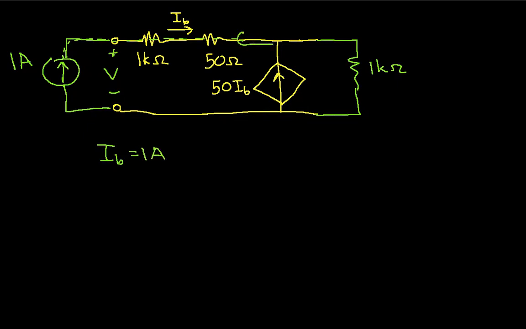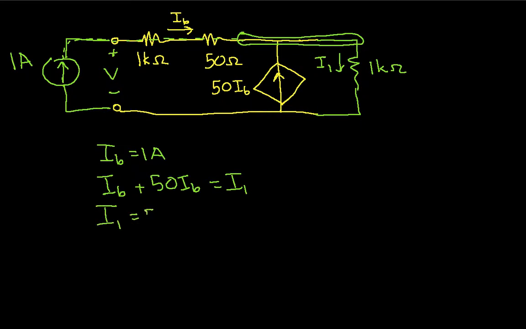We can apply Kirchhoff's current law, and let's define this as an I1. And so the current flowing into the node is I sub B plus 50 I sub B. The current flowing out is I1. So that says that I1 is 51 I sub B, which is 51 amps. Okay.